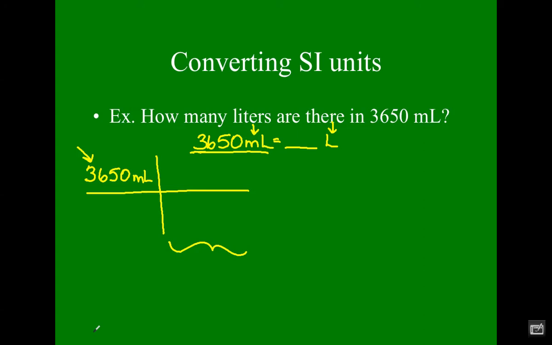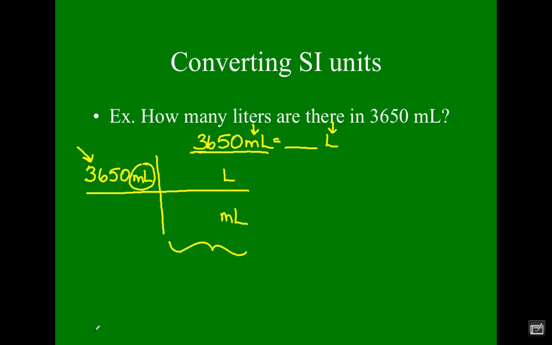However, I need to place those appropriately so that my units will cancel. If my unit up top is milliliters, in order to get that to cancel, I need to put milliliters down here on the bottom. Then I put the other part of my conversion factor, the liters, up on top.